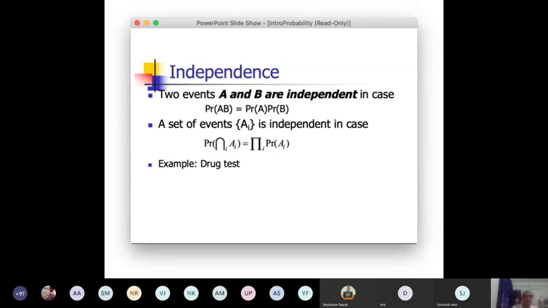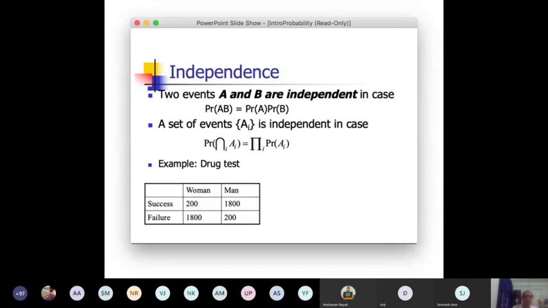So let us consider an example. Suppose you have a drug test, and there are two things in the test. You have tested over a population consisting of two genders, woman and man, and the test is successful or a failure in these two subsets in different proportions, right?